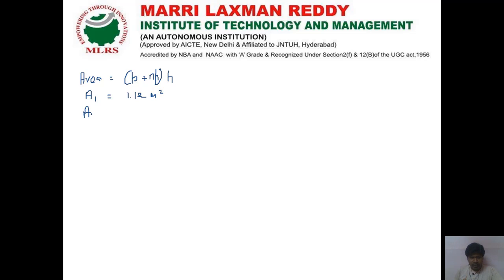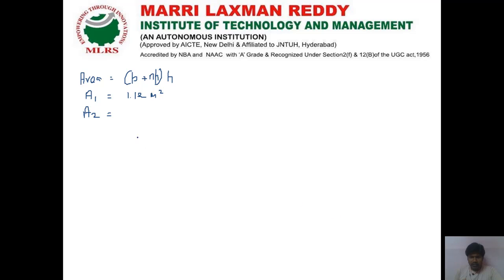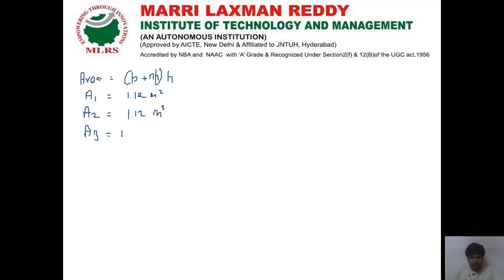Second, A2 corresponding to the height H2, that is also 0.4, so the answer is also 1.12 meter square. Next A3. 1.9 meter is the height corresponding to H3, so 11.02 meter square.